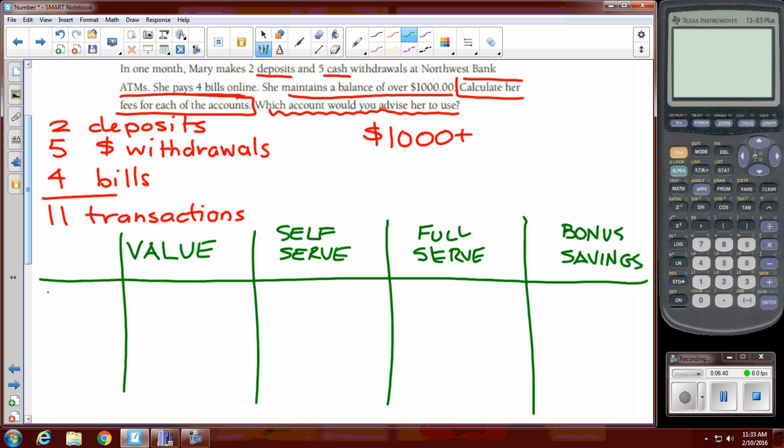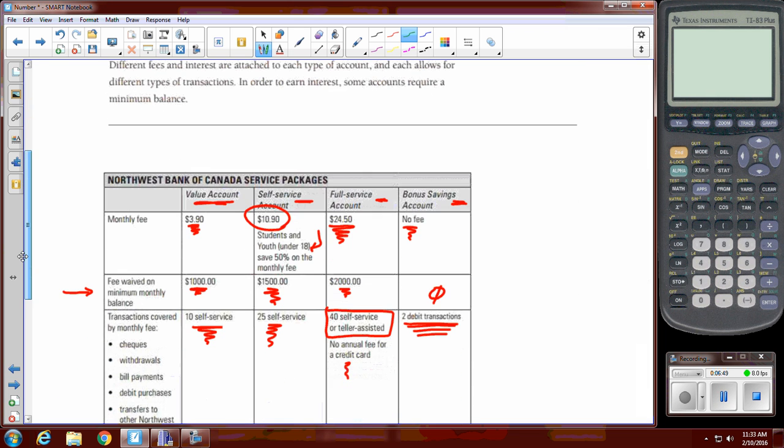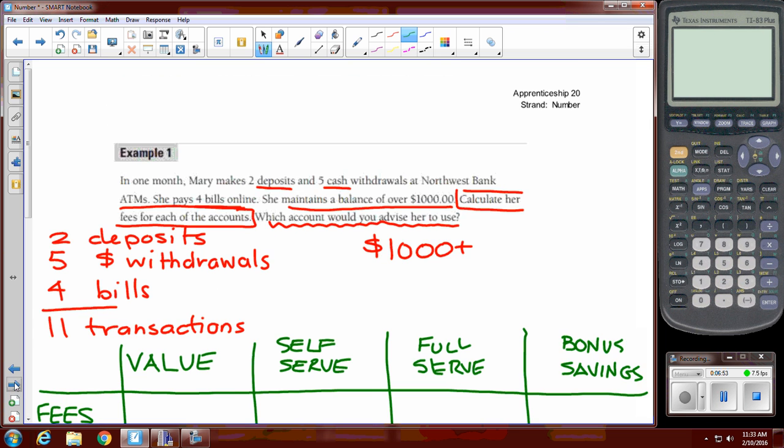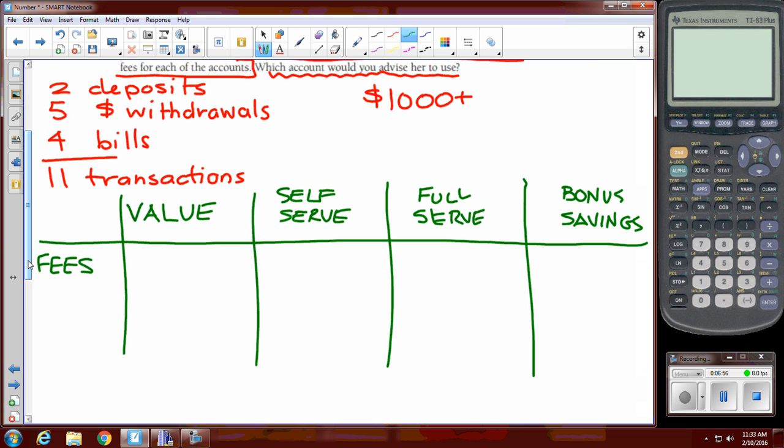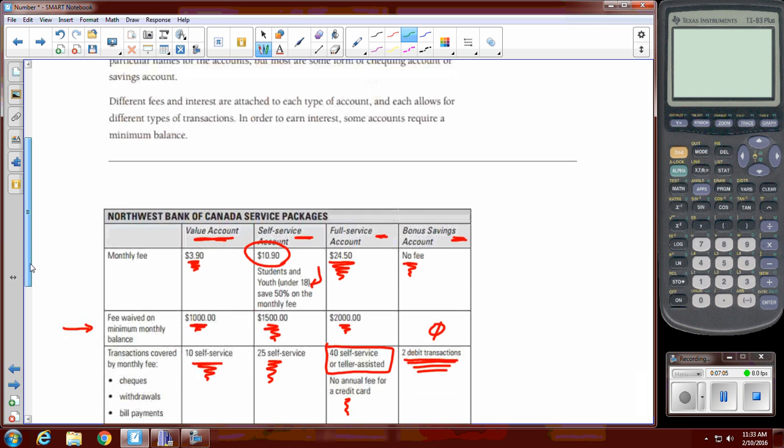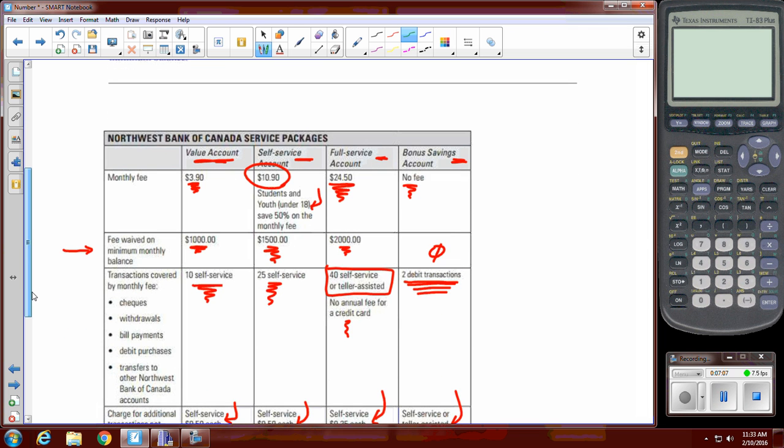So the first thing we want to consider is she being charged any fees at these accounts? Now remember, the value account on the other page said as long as she keeps $1,000 in there, she's not going to have to pay a fee. So we go over here. The question does say she has $1,000, so her fees are going to cost her nothing. In the self-serve account, if we flash back here, she needs to keep $1,500 in there.